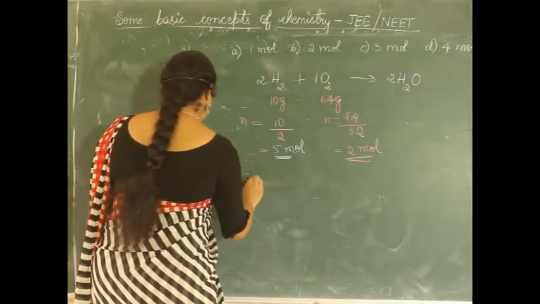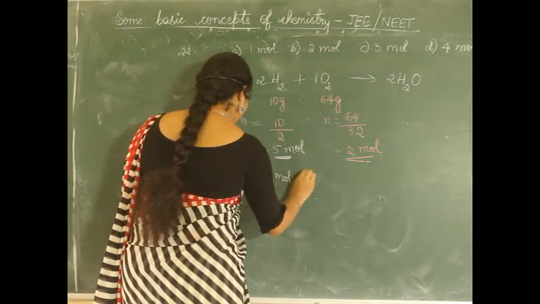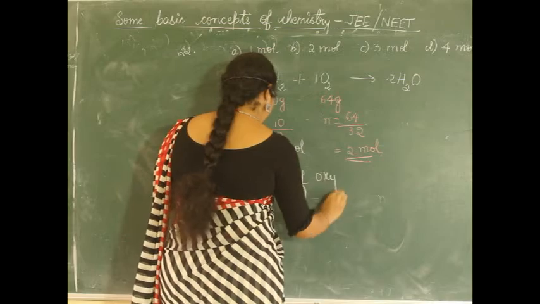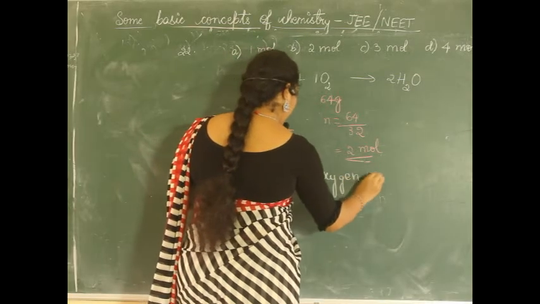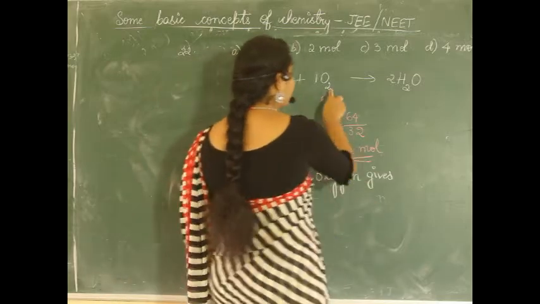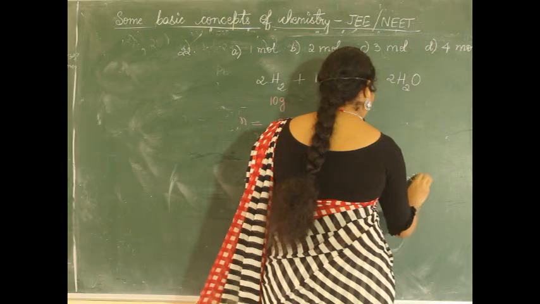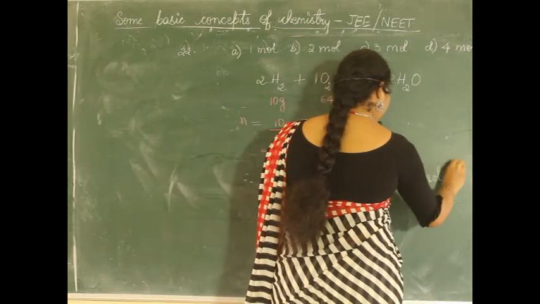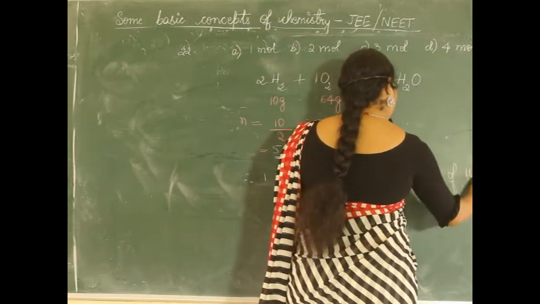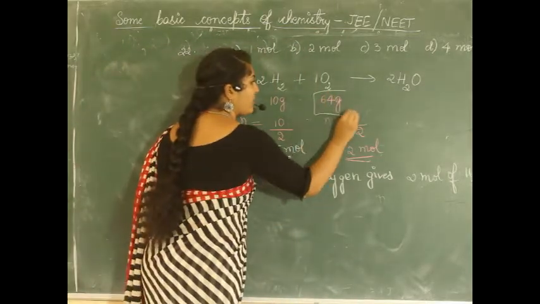Therefore, 1 mole of oxygen gives, 1 mole of oxygen means 16 2s are 32, it gives 2 moles of water. And in the question you see 64 gram is mentioned.